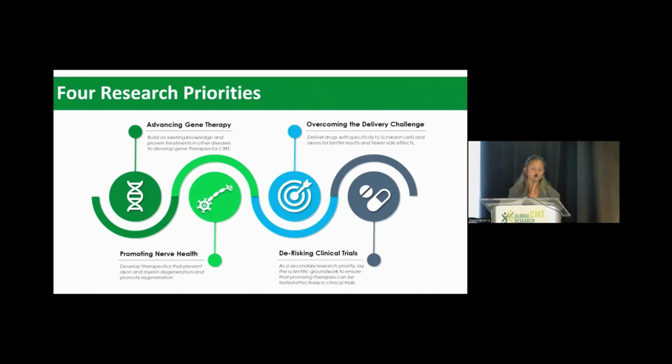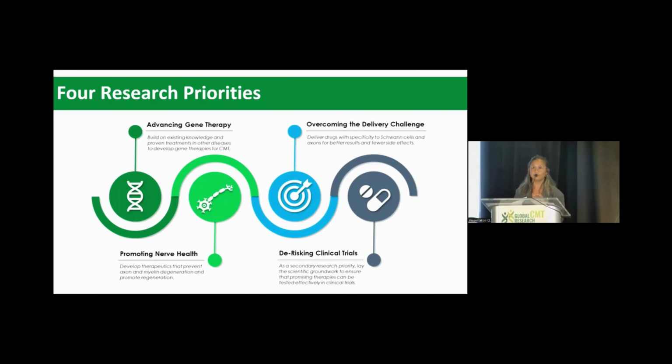And so you heard yesterday from Dr. Afrouz Rashnanajad, who talked about gene therapy. So there is a lot of momentum in terms of the different types of therapies that are being developed. And so with gene therapies, they're trying to target the main genetic cause of a particular subtype of CMT.